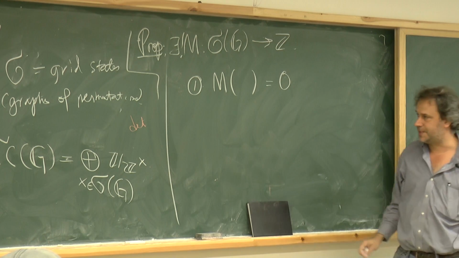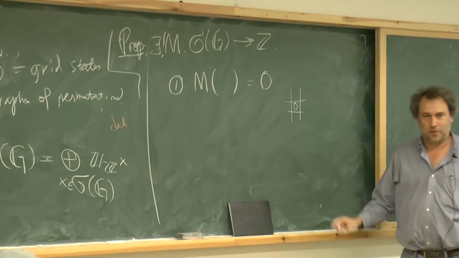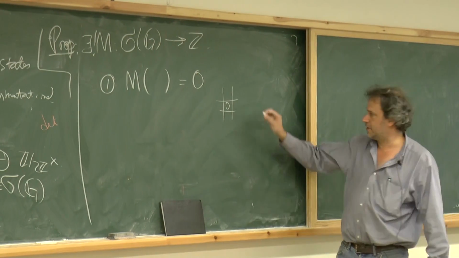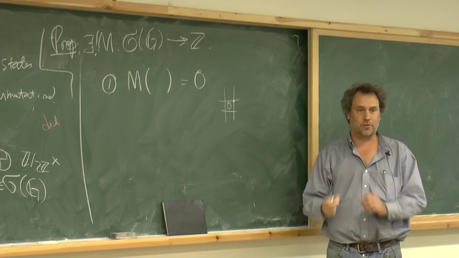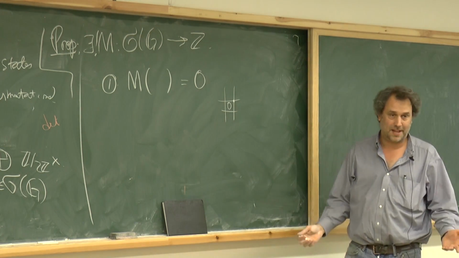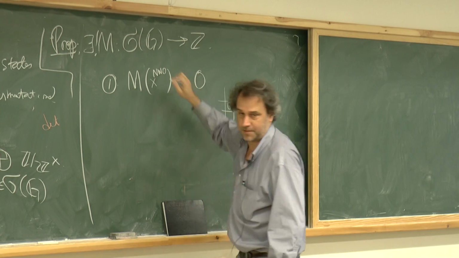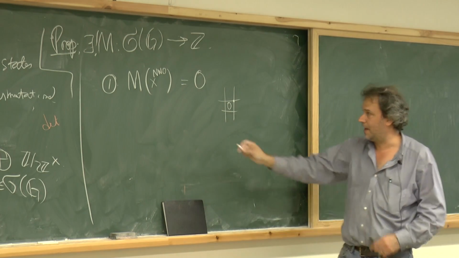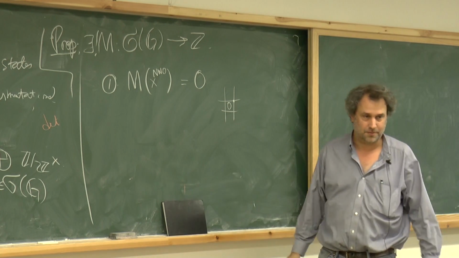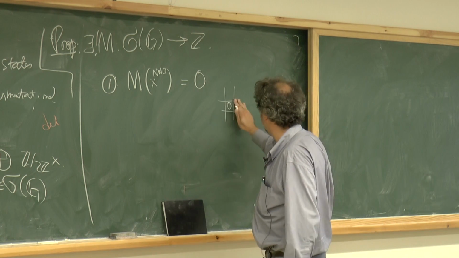And which particular grid state are we going to take? If you remember, we have these O markings, and we're going to look at the grid state that is the upper right corner of each O marked square. That's a particular grid state, which I'm going to call northwest of O's. Okay? That's a canonical grid state on any grid diagram, and I want the grading of that to be 0. Northeast. Sorry. Northwest.